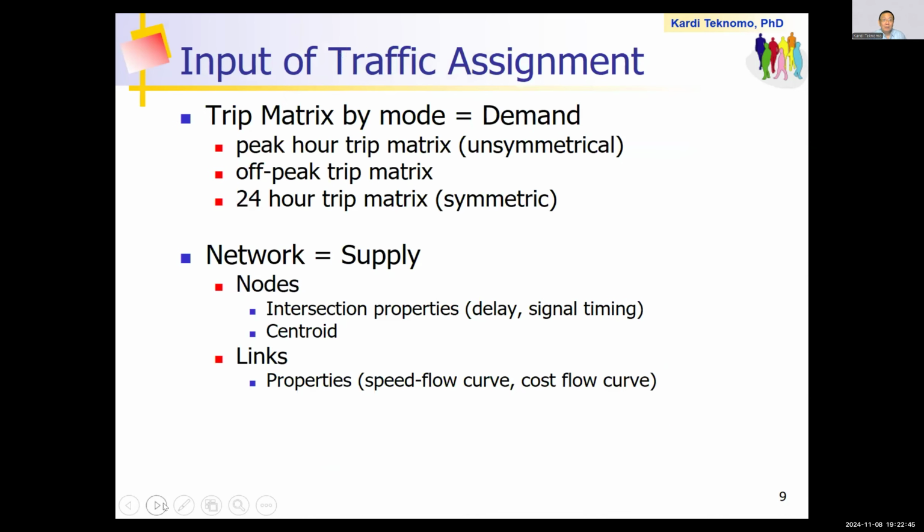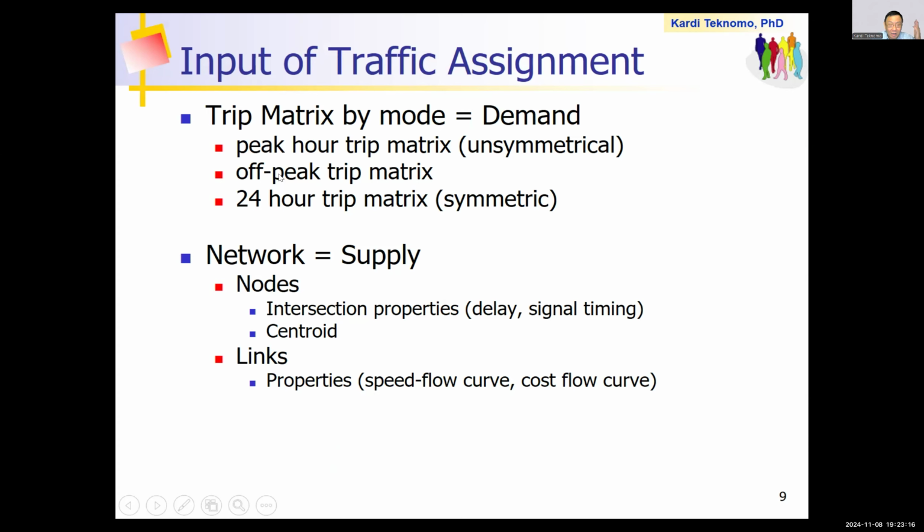Okay, so what is the input of traffic assignment? Okay, you have trip matrix by mode that represents the demand. Usually the peak hour trip matrix is unsymmetrical because in the morning people go in one direction, and in the evening, for example, they go in the other direction.